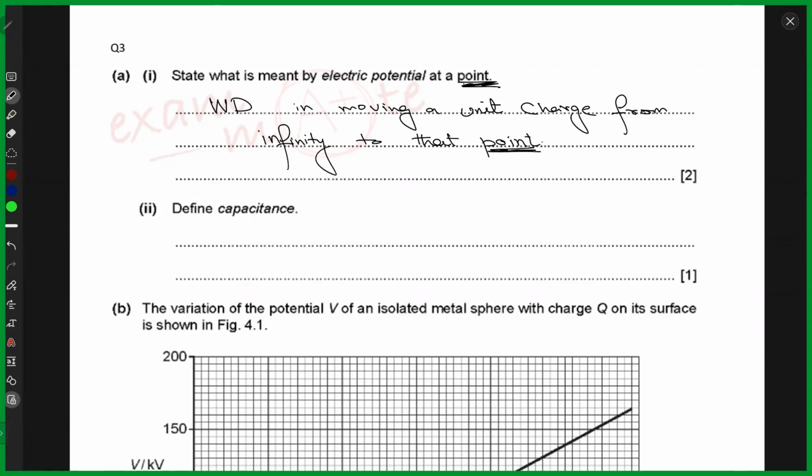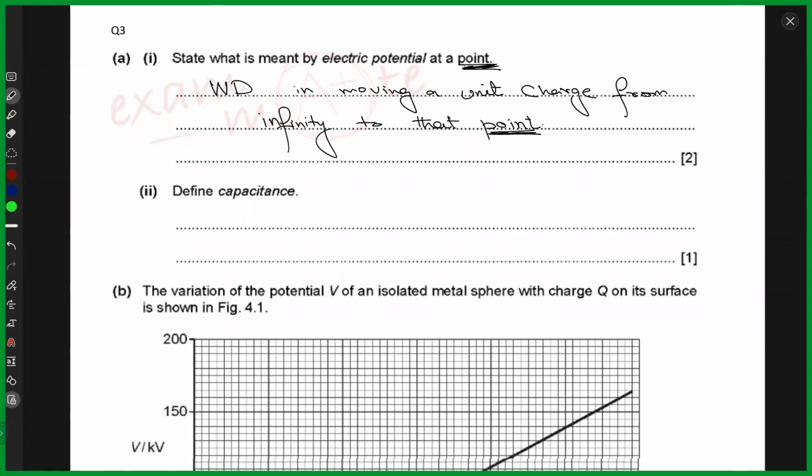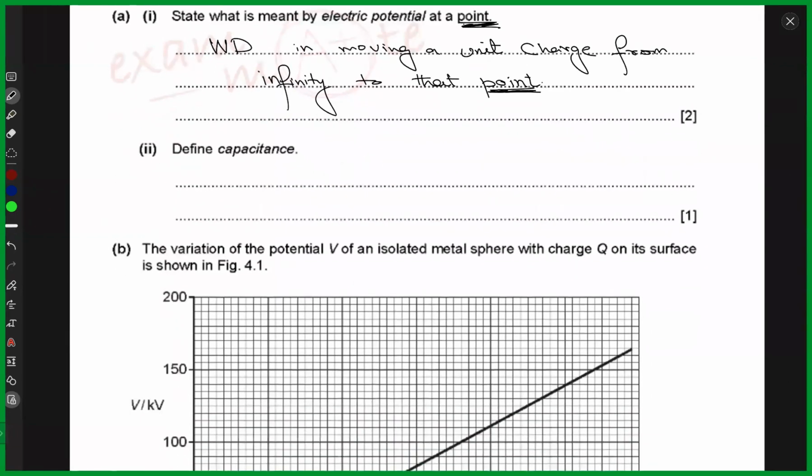Next, define capacitance. Capacitance is simply defined as the charge stored per unit potential difference. The charge stored between the plates per unit potential difference between the plates. So you can define it as the ratio of charge stored to the potential difference.